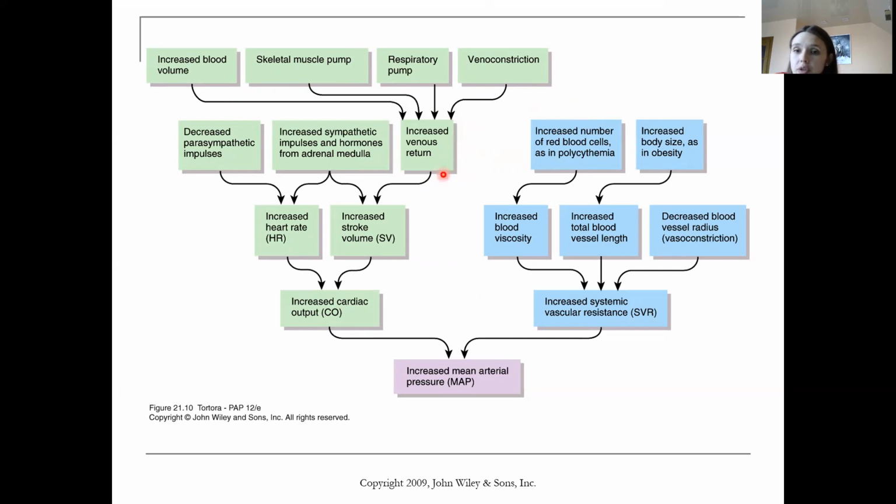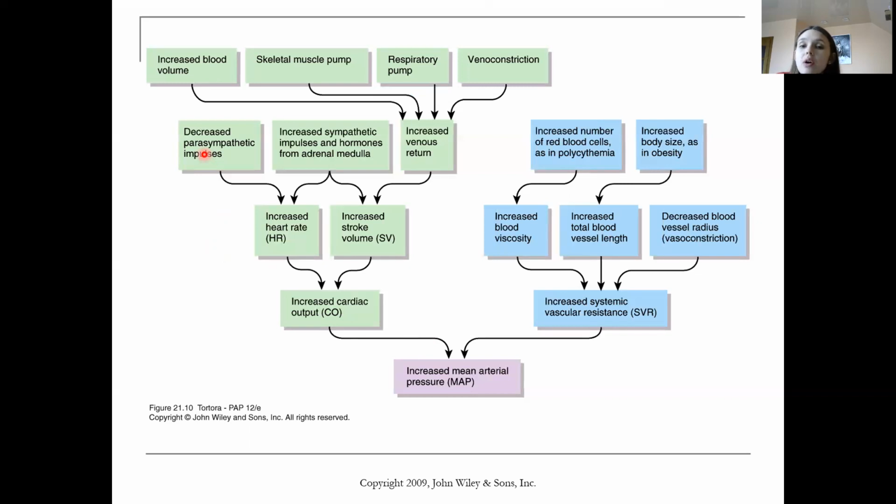Increased venous return, first of all, will be responsible for increasing stroke volume and, as a result, cardiac output. So this is the first line of mechanism by which we could increase mean arterial pressure. Another situation: depression of parasympathetic impulses on the heart.